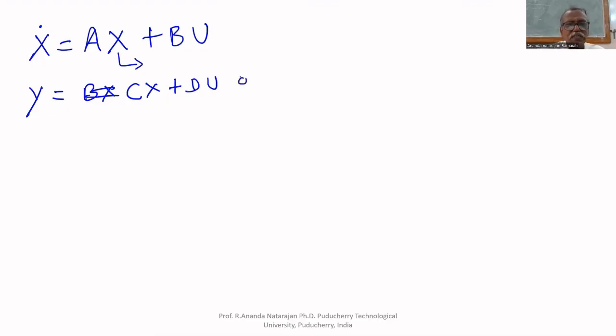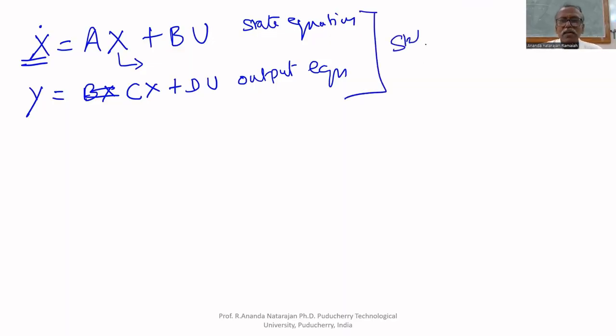This equation is called the output equation because it gives the output. This is called the state equation because it gives the state variables. These two together are called the state space model.